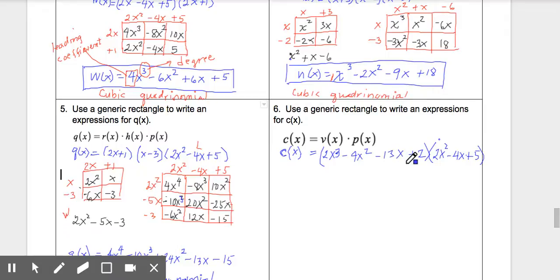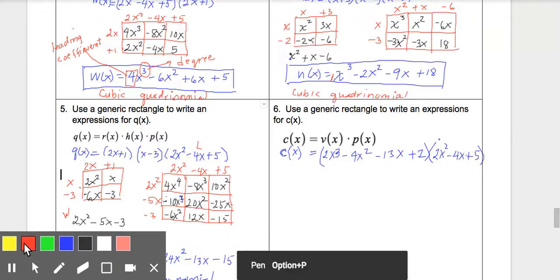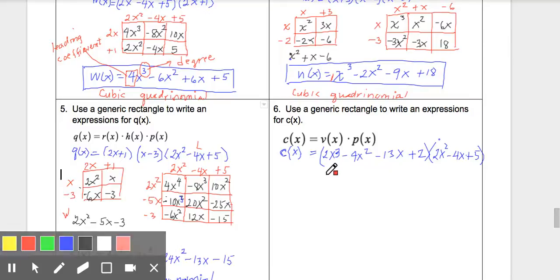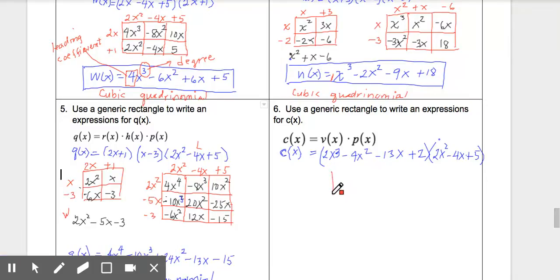There are only two polynomials, so we just need one rectangle, but we're going to need a big rectangle. For the length, we can have 4 partitions for our quadrinomial, and for the width, 3 partitions for the trinomial.